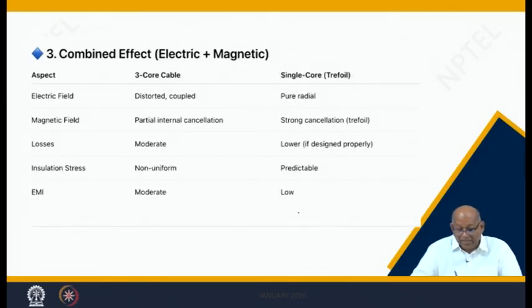Look at the electric field, but it is not the only case; there is a magnetic field also. Whenever there is current in a cable, the electric field is important because of insulation failure.